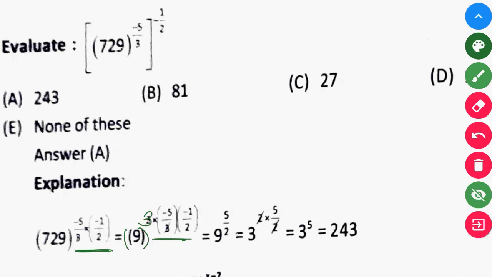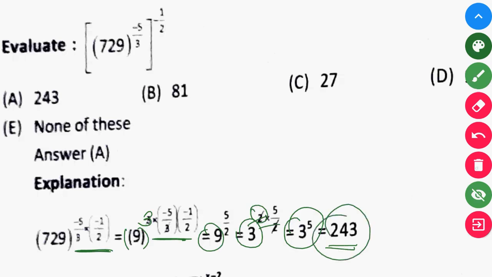Simplify it and we get the answer as 9 raised to 5 by 2. So 9 is nothing but 3 square. So 2 will get cancelled and 3 raised to 5 means multiply 3 five times, we get the answer 243.